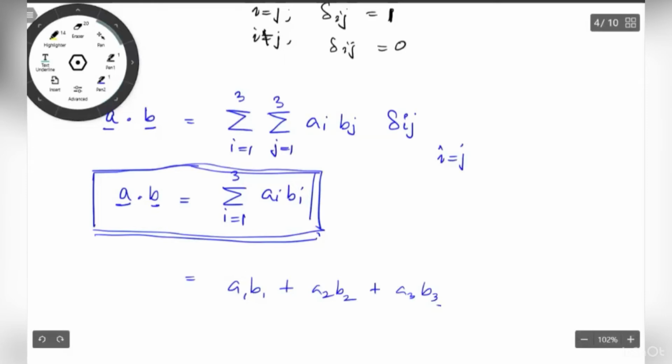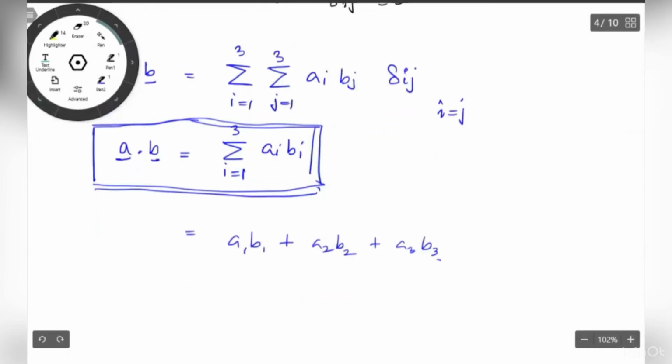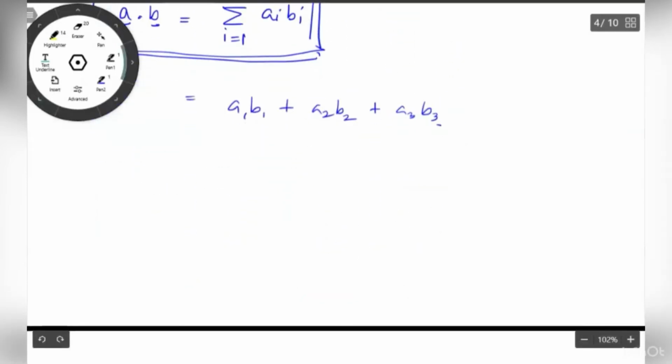So in the same way, you can also ask me what the cross product will be. Okay, cross product, let's see. Let's try to do it the same way and see if we get anywhere.